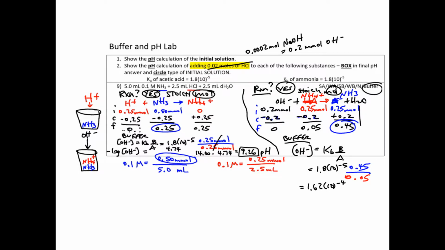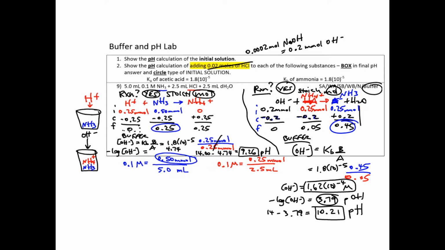That is the concentration of the OH minus, the molarity. Now you take the negative log of OH minus, and that gives you 3.79, which is of course the pOH. Then you take 14 minus 3.79 to get your final answer of 10.21, which is the pH.